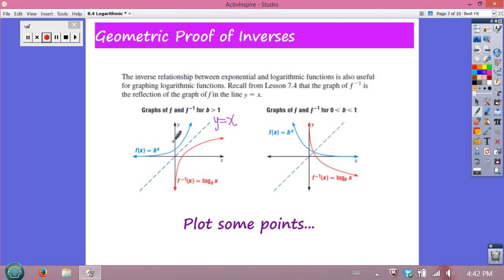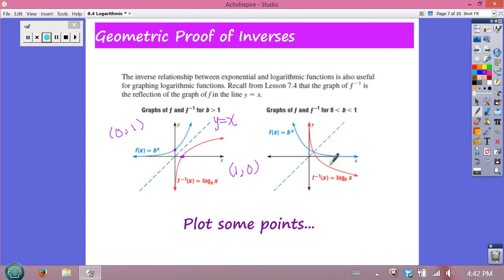So if you remember in our exponential growth function, our parent function was b to the x. One of the points was 0, 1, right? So if we have 0, 1 on this side, we want to find the inverse. We swap the x and y. So down here we should have 1, 0, right? And look at that, 1, 0. So it's just a reflection over the y equals x line.